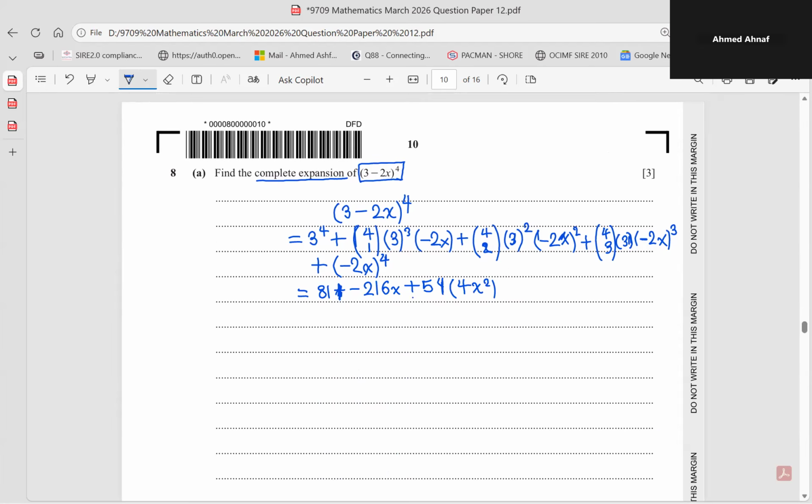And 4 choose 3 times 3, that is 12. And minus 2 whole thing cubed, that is minus 2 cubed, that is 8, and x cubed. And plus negative 2x to the power of 4. So it's negative 2 to the power of 4 times x to the power of 4, so it's just plus 16 times x to the power of 4.